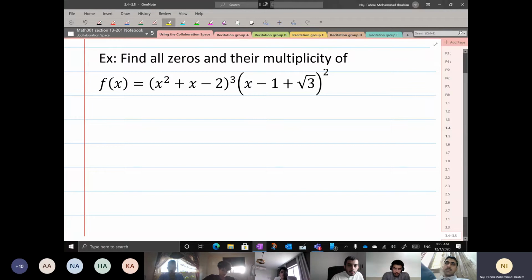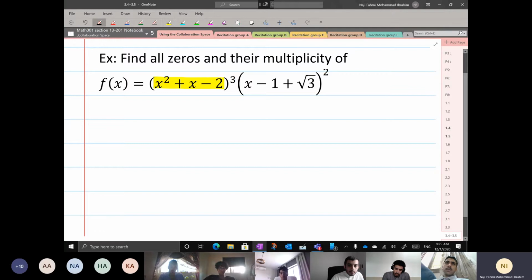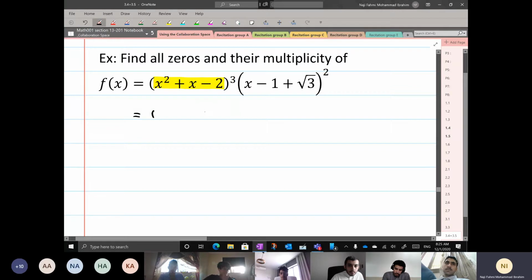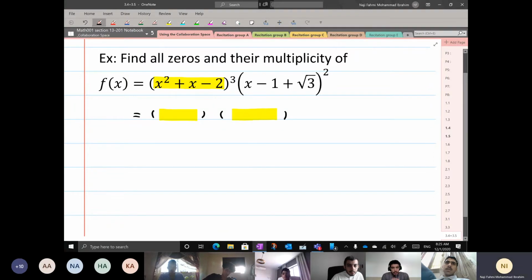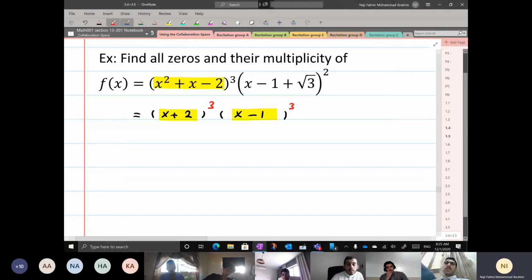The first one, no. So what should I do for the first one? We have to factor it. It factors as (x plus 2)(x minus 1). But we have a power of 3, and I should give this power of 3 to both.